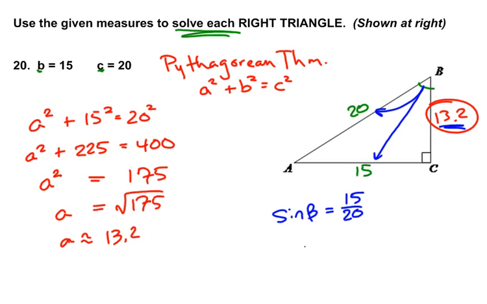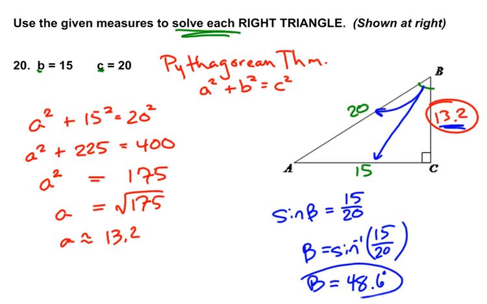So our measure of angle B would be the arc sine of 15/20, or 0.75. We punch that in the calculator, and we will find that angle B is about 48.6 degrees.